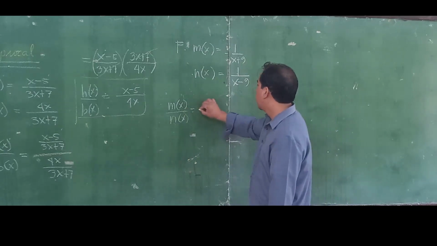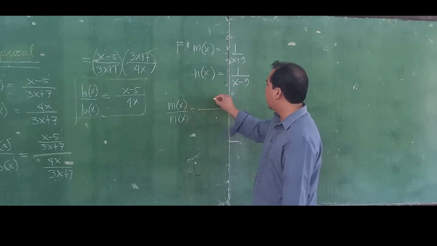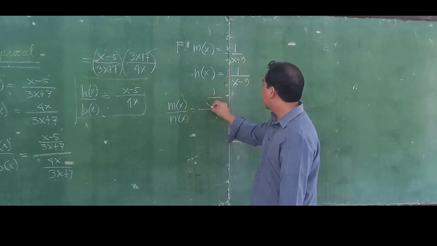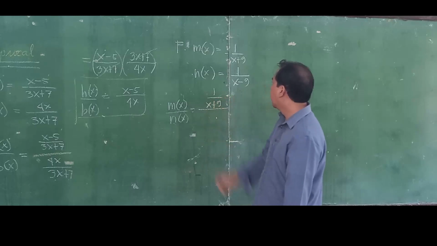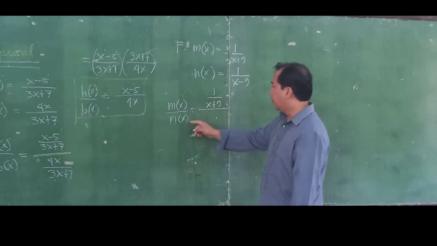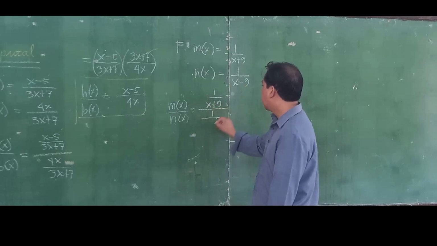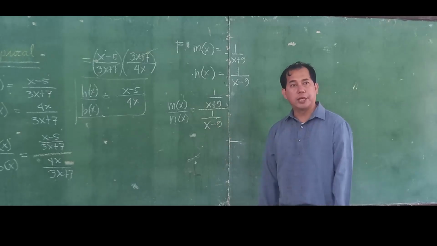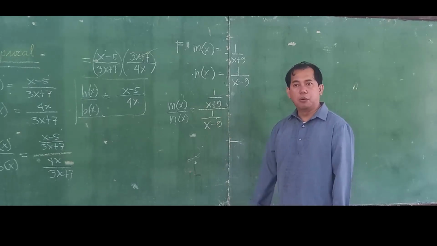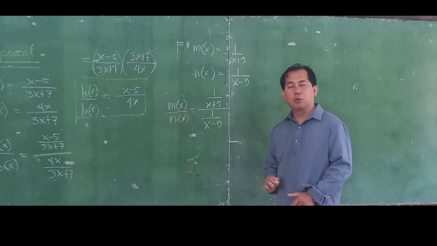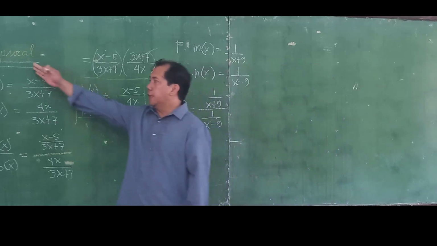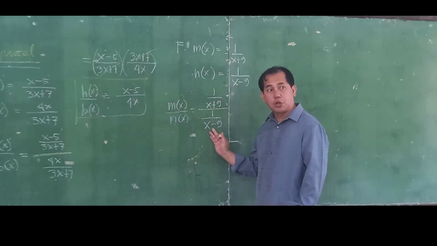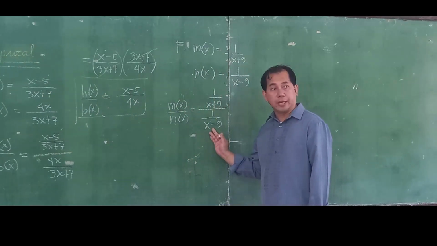What is our m of x? 1 over x plus 9. How about n of x? That is 1 over x minus 9. Now, what is the rule? Get the reciprocal of our denominator or divisor and then proceed to multiplication.